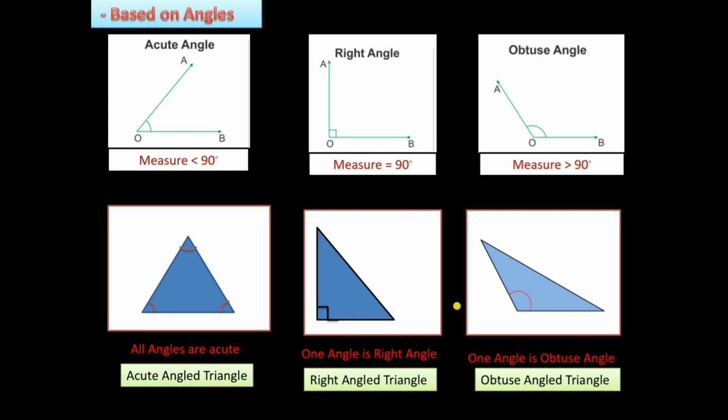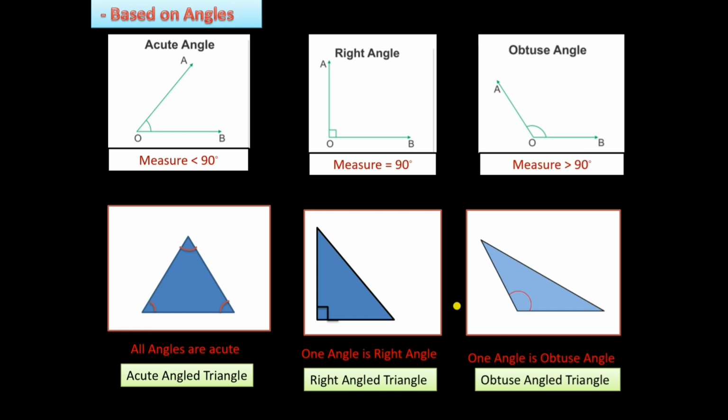Always remember, an acute angle triangle has all angles acute, and the remaining 2, the obtuse angle and right angle triangles, have at least one obtuse angle and at least one right angle respectively. So, this was the classification of triangles based on angles.